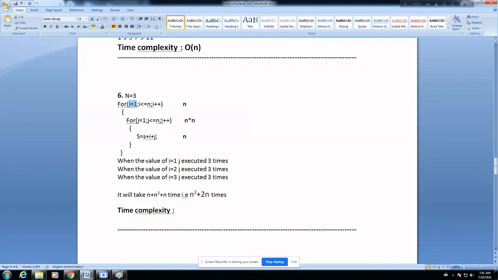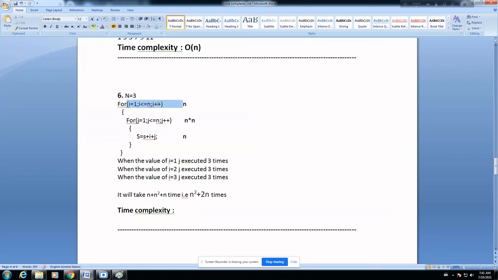That is 3 times, right? Because j goes from 1 to 3, the value of n is 3. When the value of I is 2, again j is executed 3 times. When the value of I is 3, again j is executed 3 times.